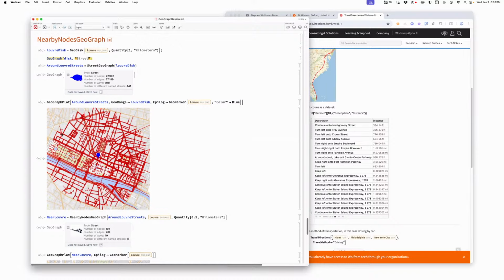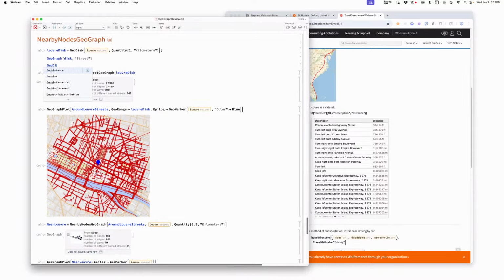The other is from a starting point: if you drive half a kilometer, or whatever we input, how far or where can you get? I see. That's a function. And we can put a time too. So okay, I want 5 minutes. From the Louvre, in 5 minutes, where do I get driving? Yeah, I understand.